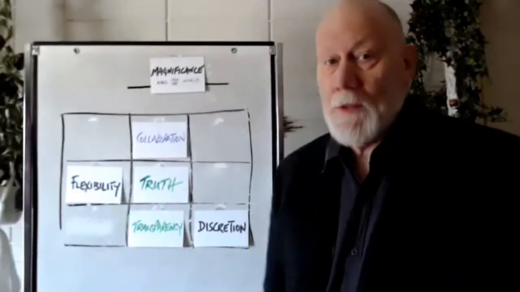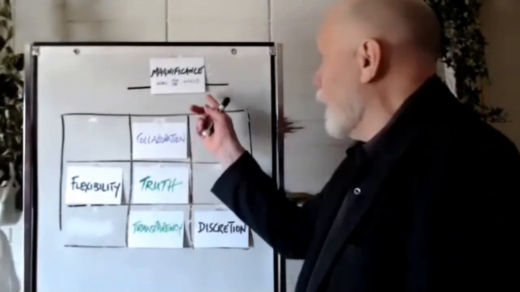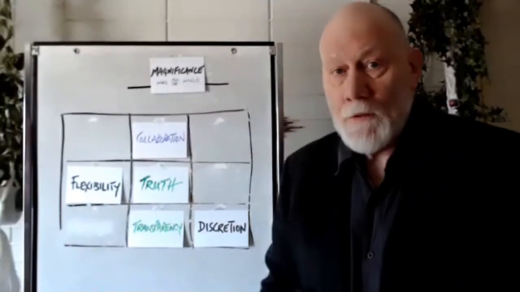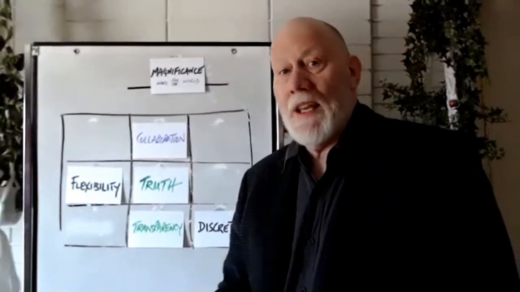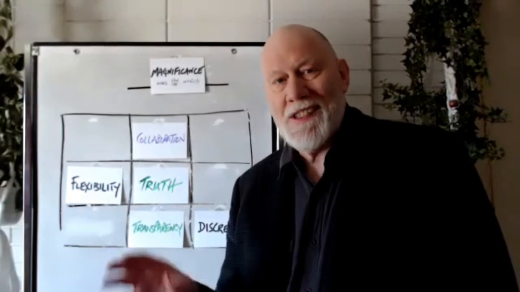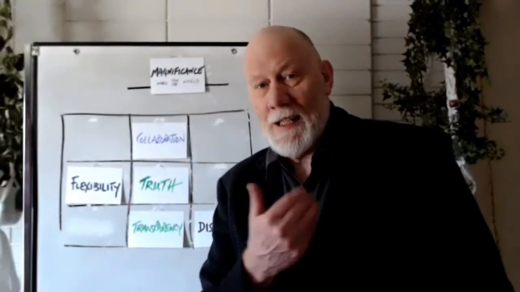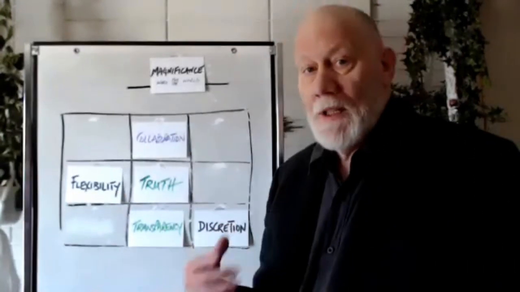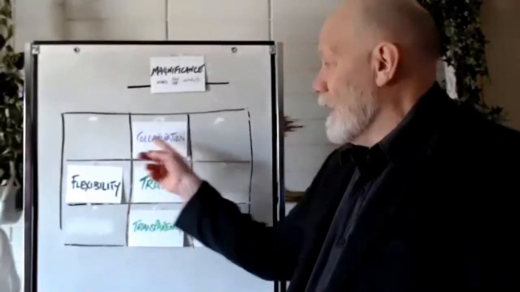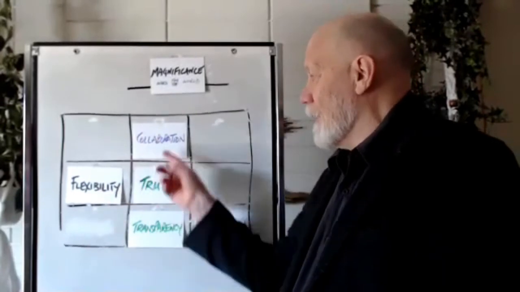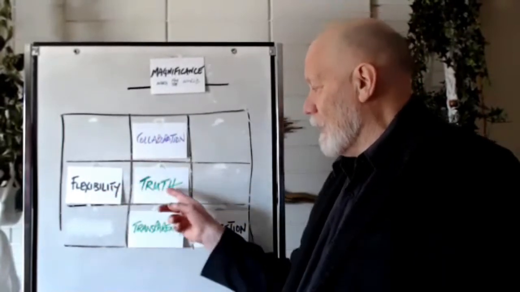Another way in which to play with this 9 squares, and again, I'll leave it with magnificence, my word for the world, is that you take the outcome related words, the noun versions. We played with the verbs in the last example. Now we're going to just play with the nouns. And therefore, what is it that you want to have as outcomes? You know, collaboration is an outcome, flexibility, truth.